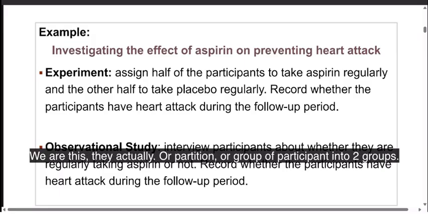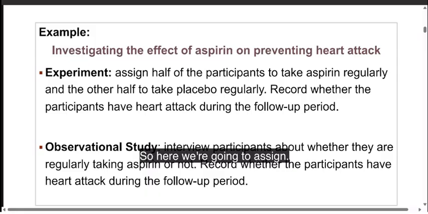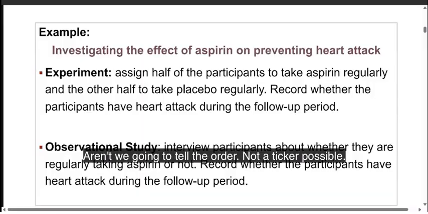So what we're going to do, the same way Pfizer did it, is partition a group of participants into two groups. We're going to assign half of the participants to take aspirin regularly, and we're going to tell the other half to take a placebo regularly.